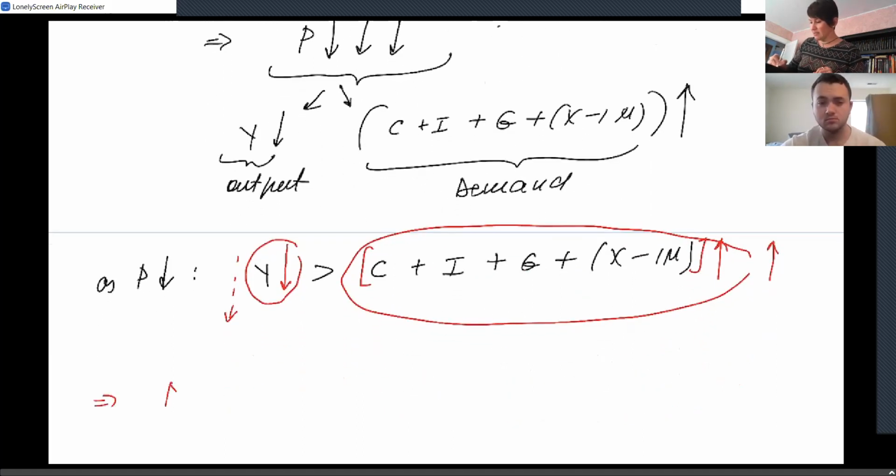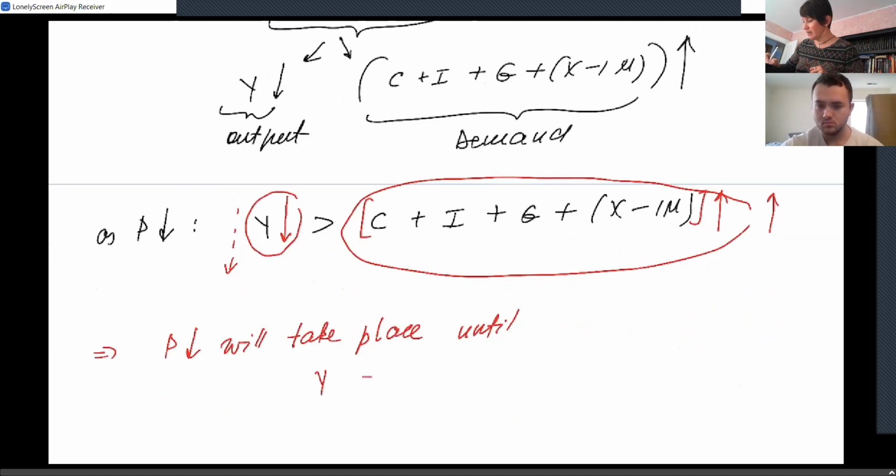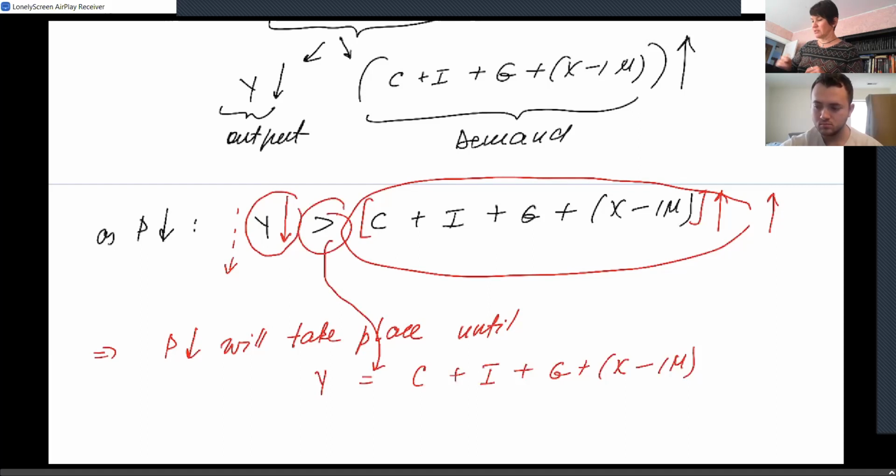That means the price decrease will take place until the left-hand side number matches the right-hand side number, until this inequality turns into equality. And the indication of what should happen to the price was simply an increase in inventories.